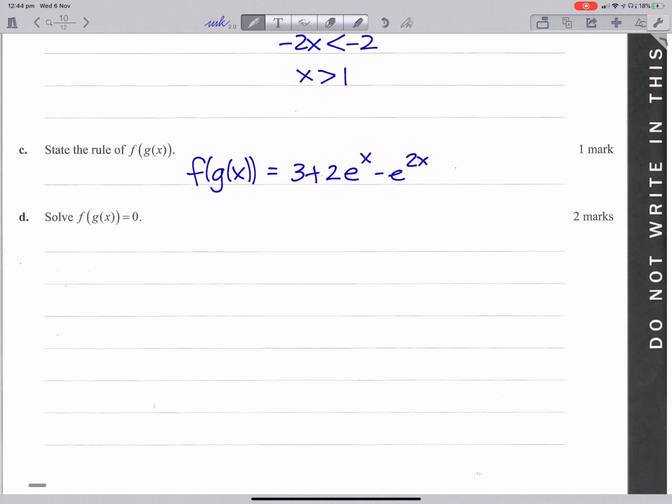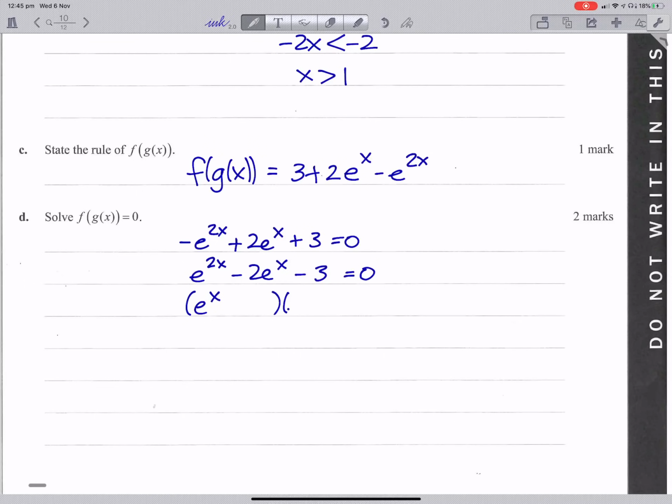So negative e to the 2x plus 2e to the x plus 3 equals 0. Take out a negative: e to the 2x minus 2e to the x minus 3 is equal to 0.